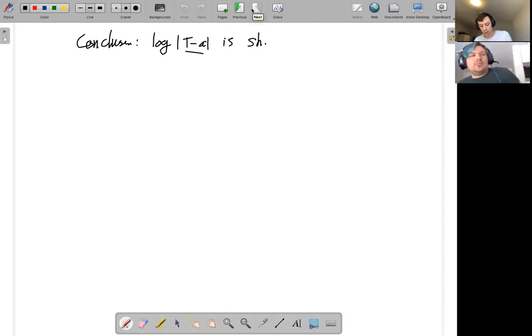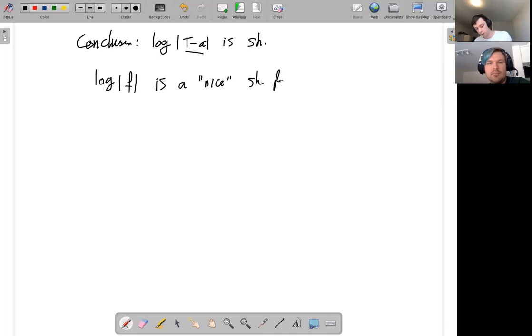Okay. So anyway, the point is, in the classical situation, log of the absolute value of f is a nice subharmonic function.